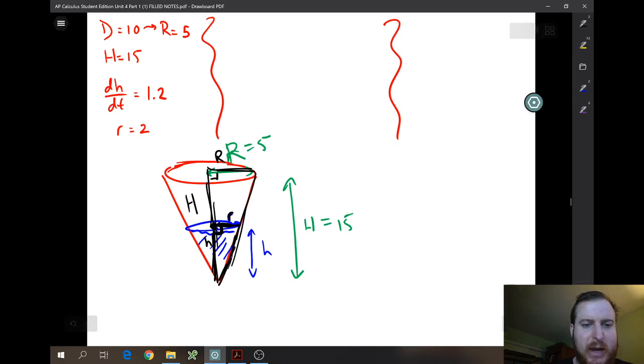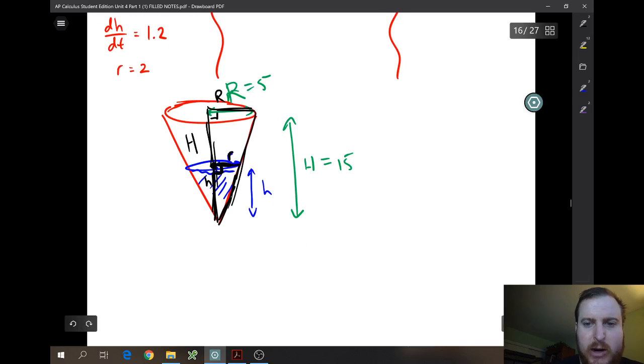If you remember back to Math 1, you had the SAS, AAS, all that. You had the congruent triangles and the similar triangles. Well, you don't have to ever write "similar triangles" on your homework, but I'm going to write it just for our notes.